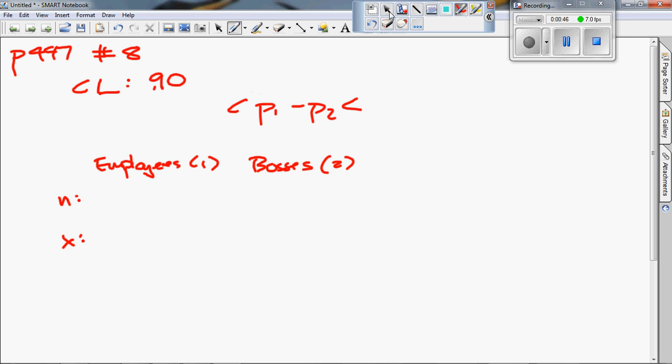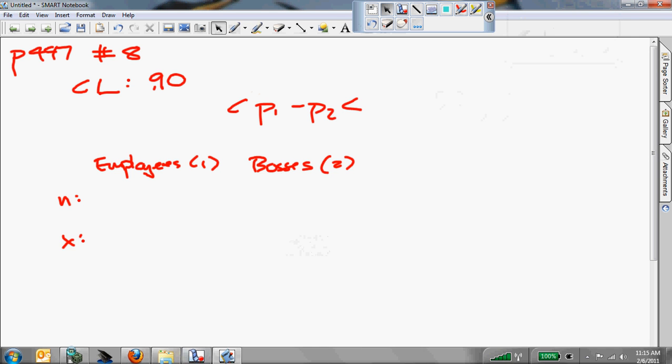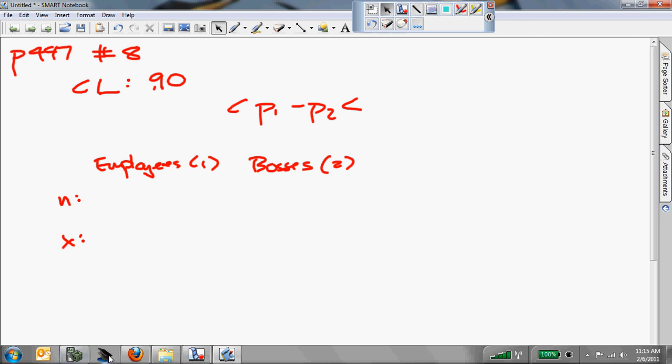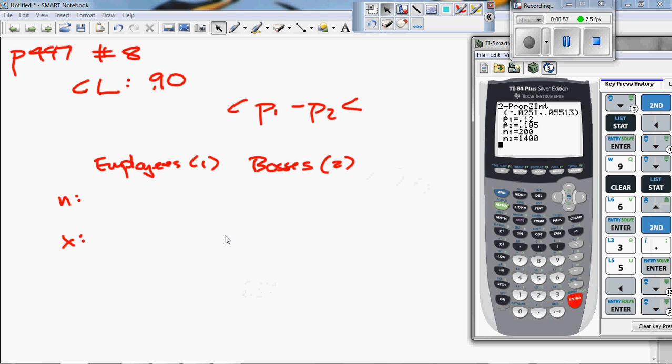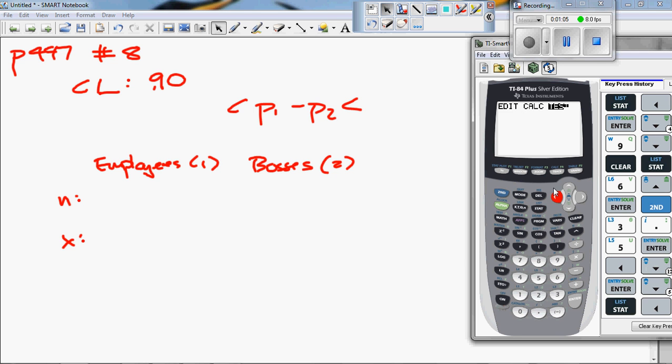Alright, so if we refer to problem number 7, again we're going to use the stat test, 2 prop z interval for the confidence interval.